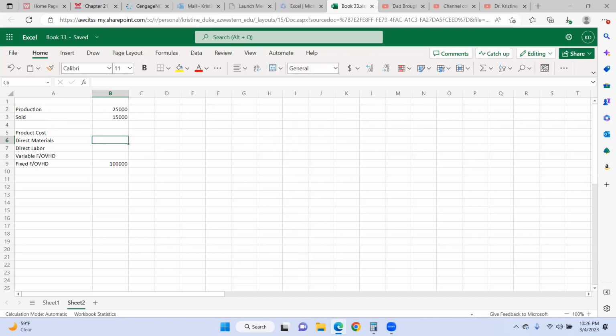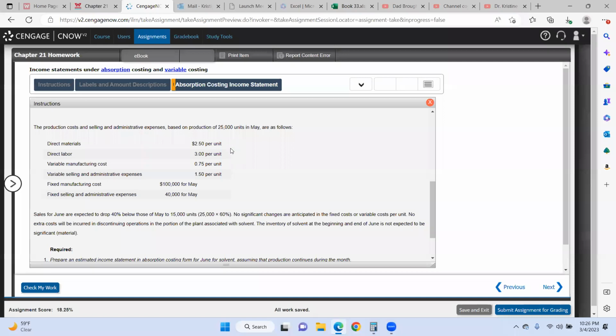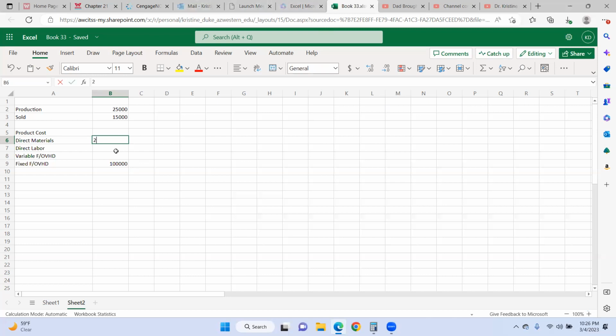Direct materials, I can come over here: 2.50, 3, and 75. Okay, excellent. So if I produce 10,000 units, let's look at what the cost is going to be for 15,000 units, 20,000 units, and 25,000 units, cost per unit. So I'm going to sum these.